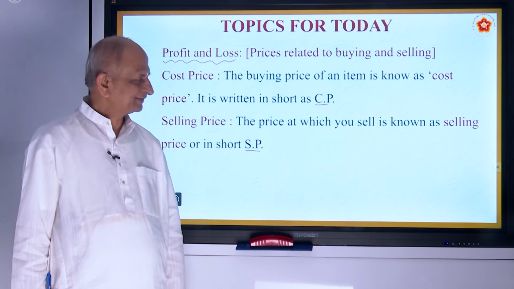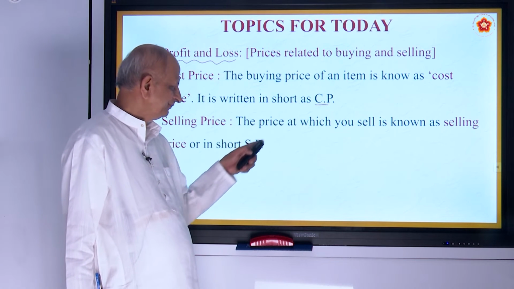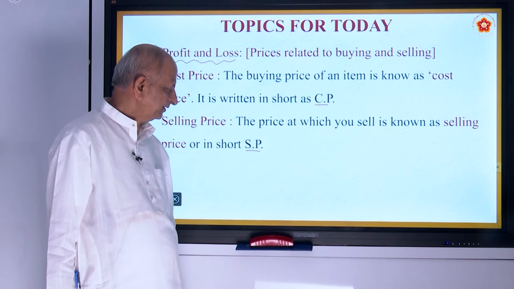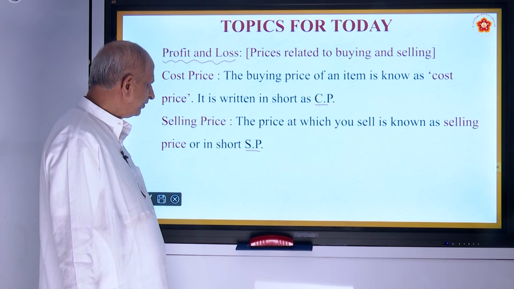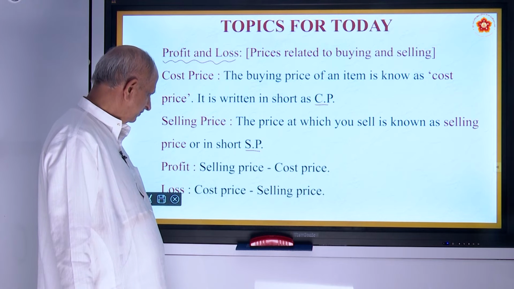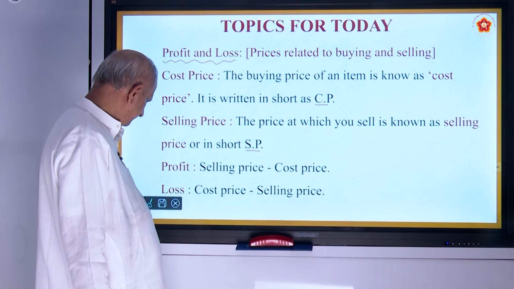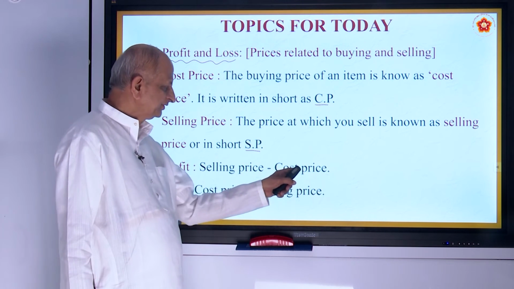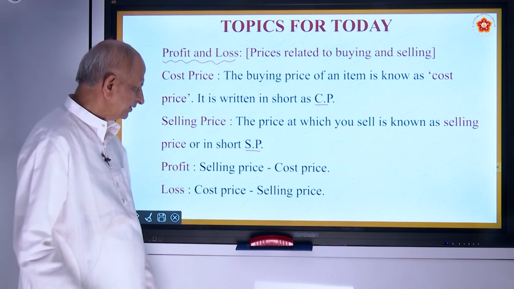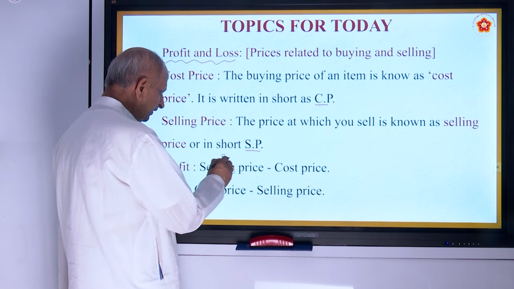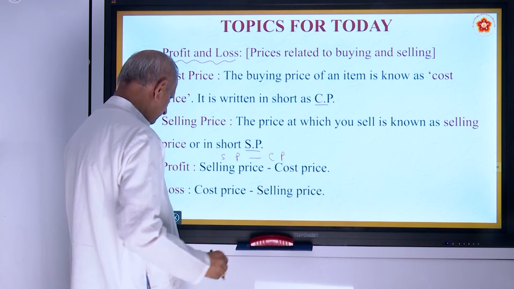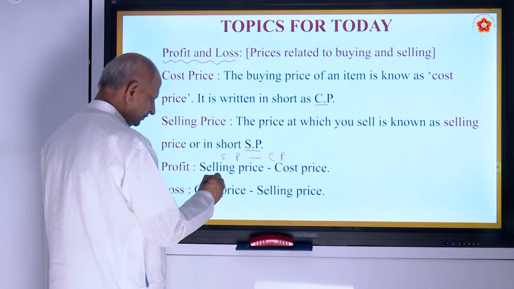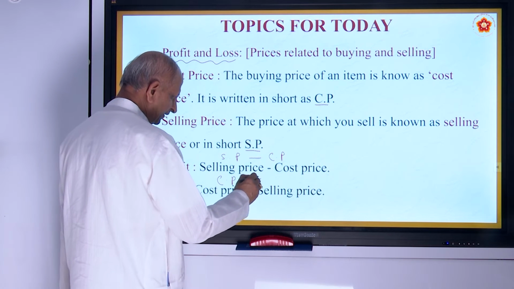So cost price is CP, selling price is SP. And what about profit? Profit means selling price minus cost price. So you can write it as SP minus CP. And what is loss? CP minus SP.